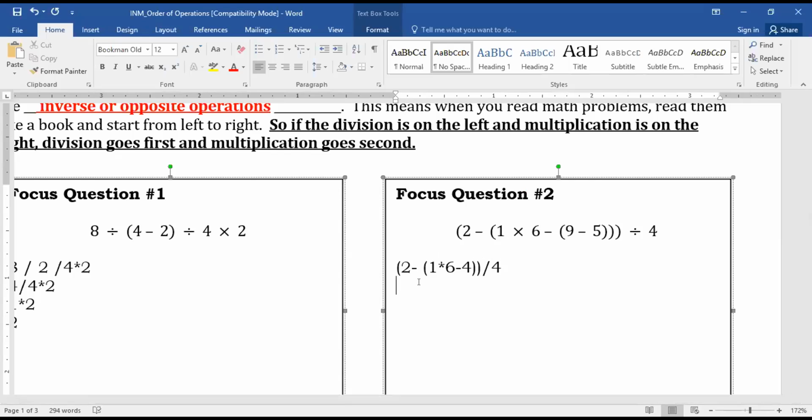And even within the parentheses, we still have to follow PEMDAS. So we don't do 6 minus 4 first. We do 1 times 6 first. 1 times 6 is 6. Minus 4 is 2. And then we divide that by 4. Last parentheses remaining, 2 minus 2.